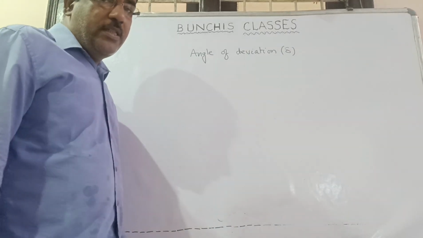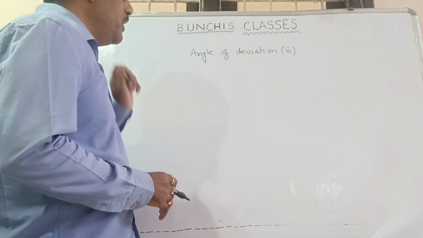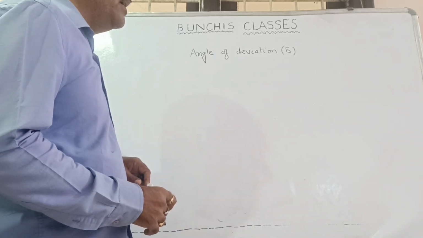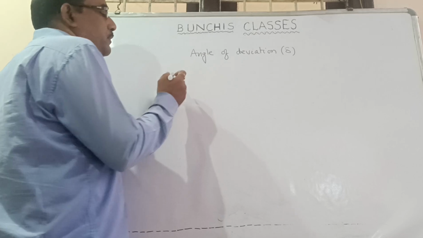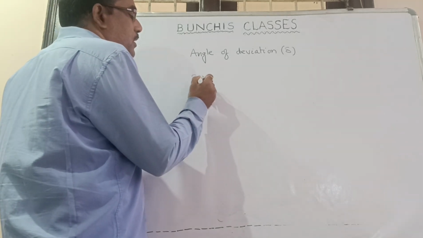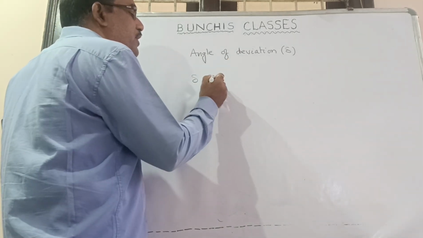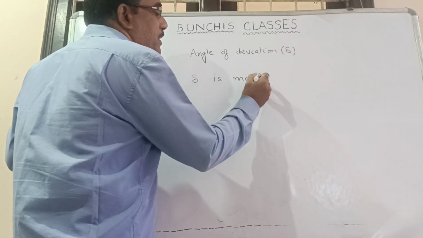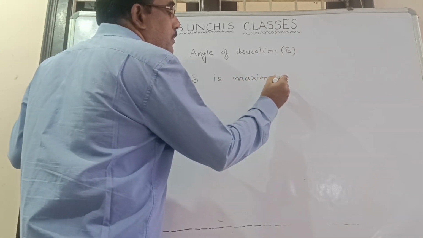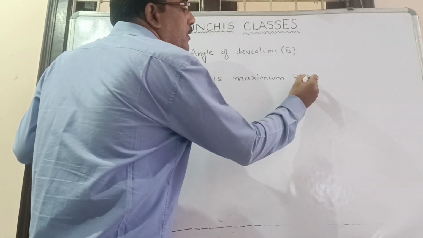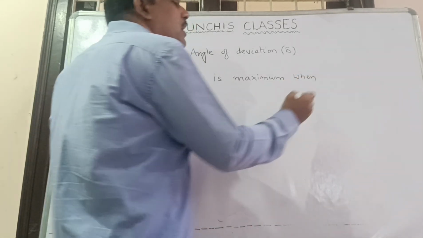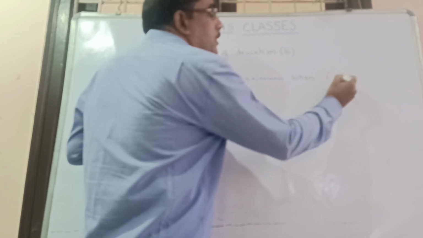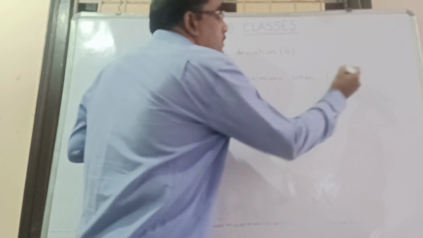So let us talk more about this angle of deviation delta. The angle of deviation is maximum when the angle of incidence I is equal to 0 degrees.